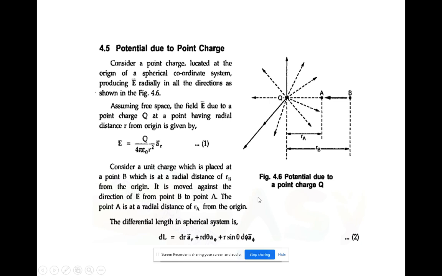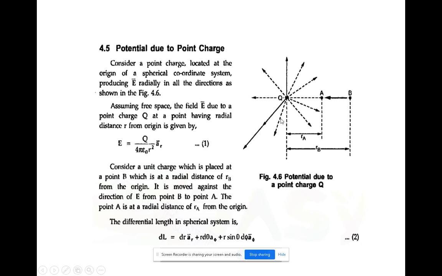Okay. Here we are going to consider the charge as a unit charge, which is going to be placed at a point B, at a radial distance R_B. It's B. I said beta by mistake. R_B.